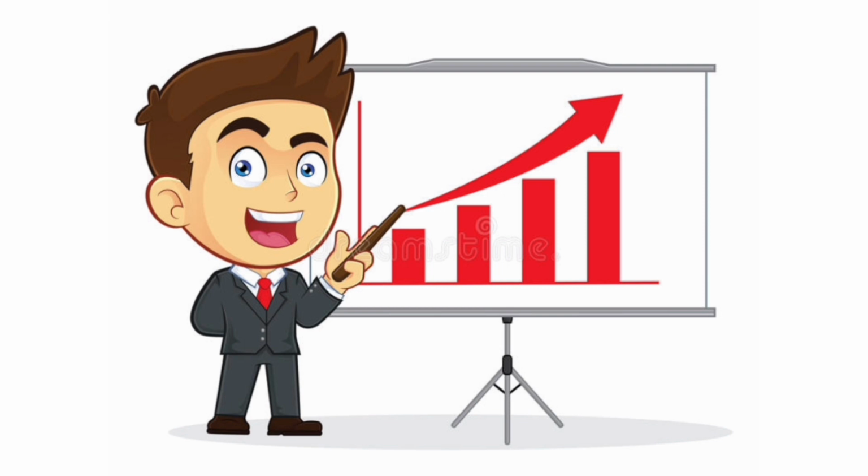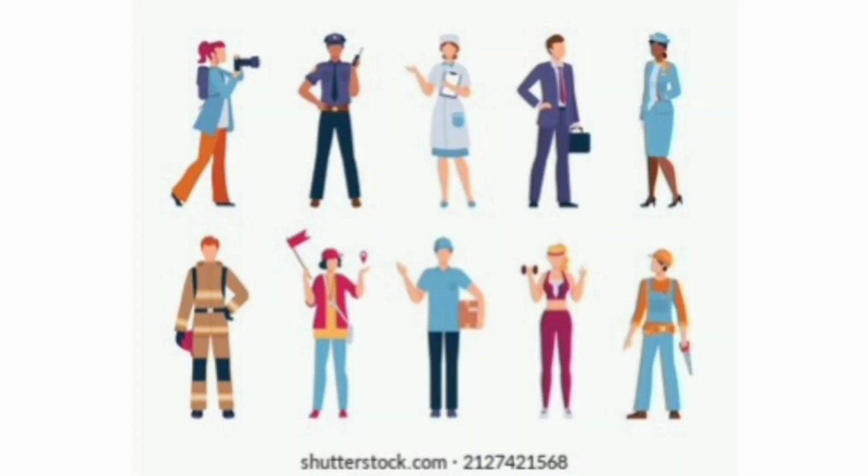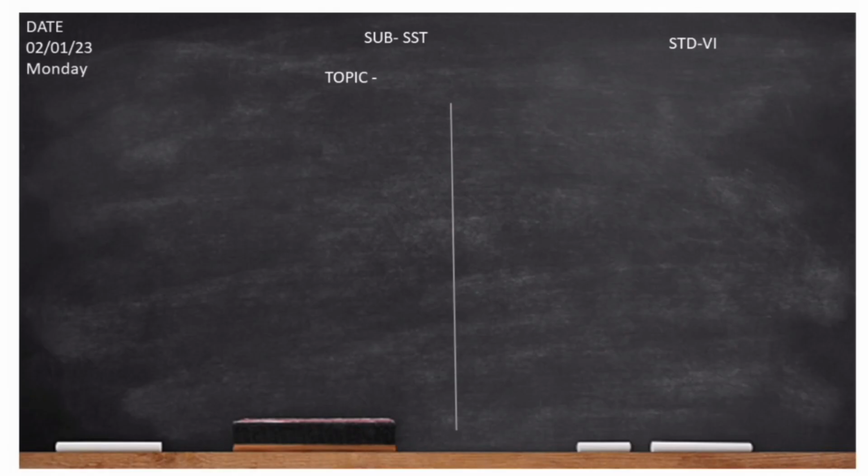Yes, right. So this means everyone works as something, right? Yes. Do you know why they work? They work for earning money and living life. Yes. Do you all know what these are called?